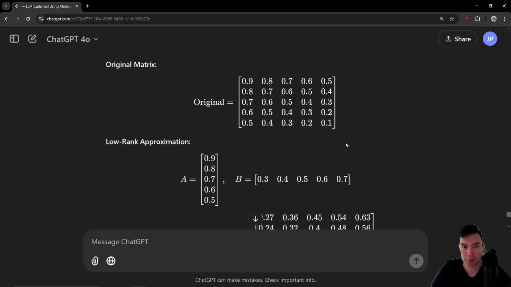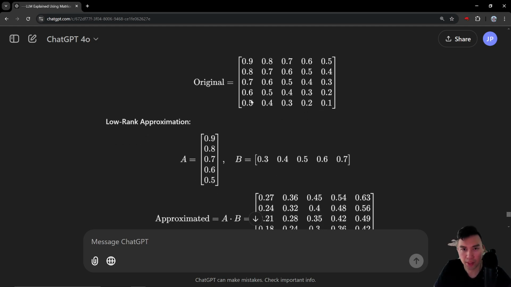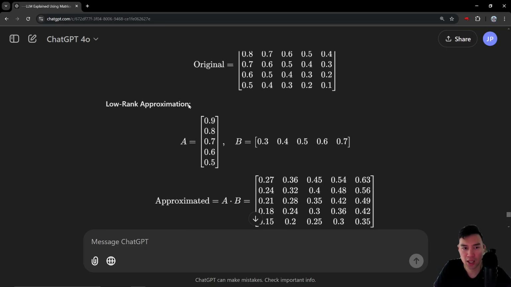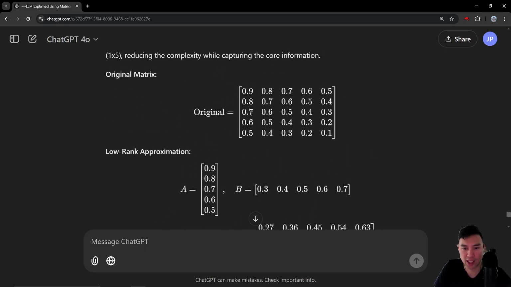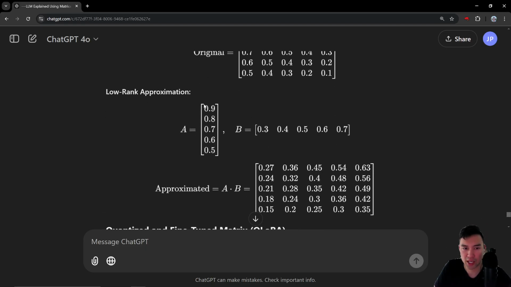By adding this matrix onto the original matrix, we slightly shift where cat is within the 3D vector space. Instead of having 5x5, which is for example 25 numbers, here you get 5 plus 5, which is 10.